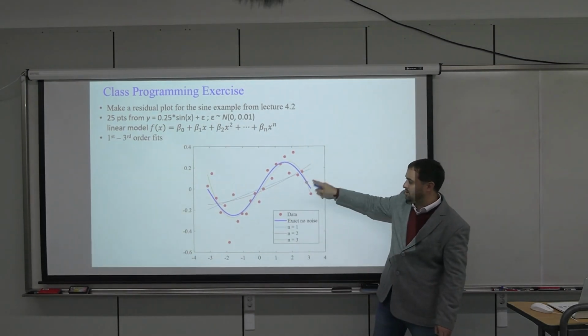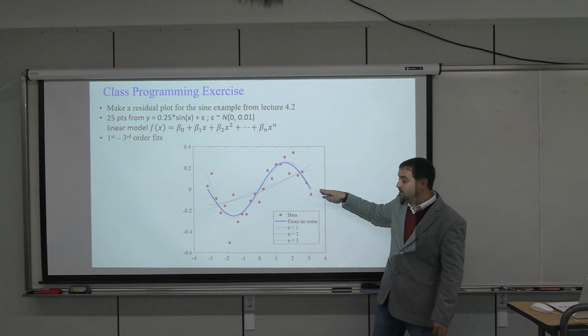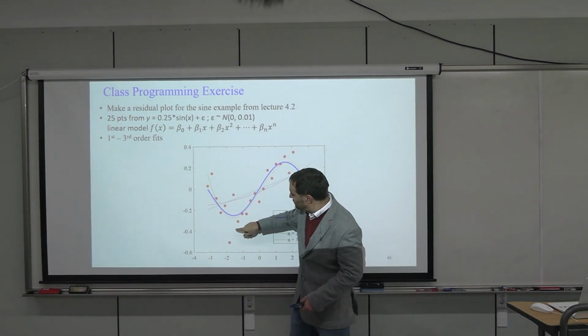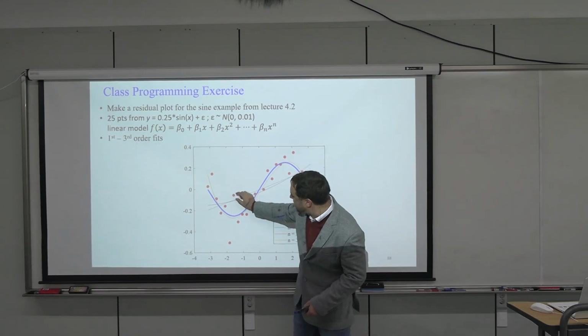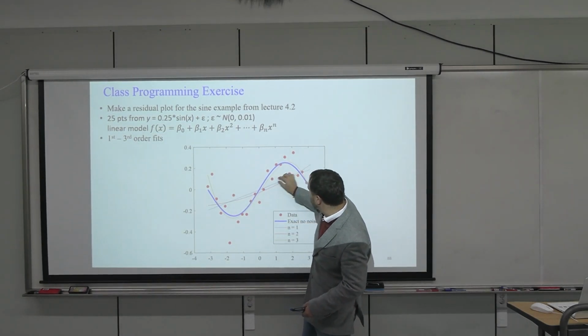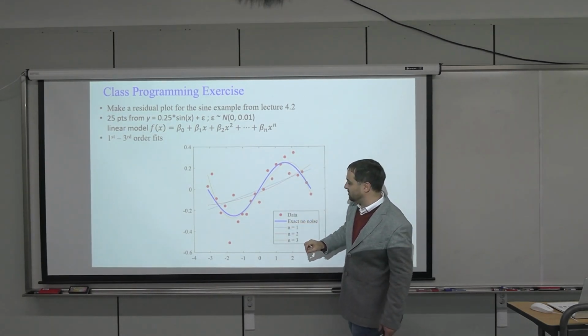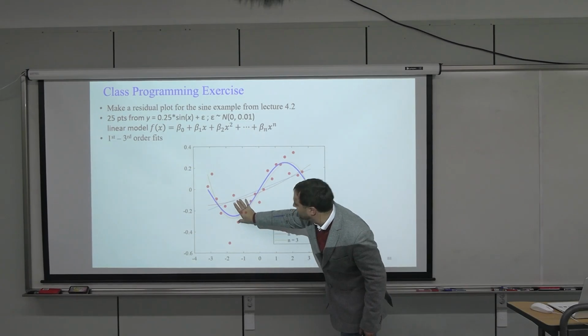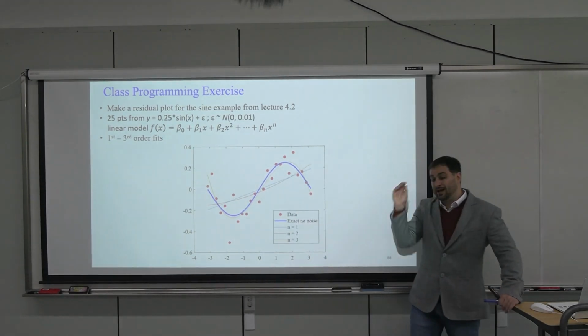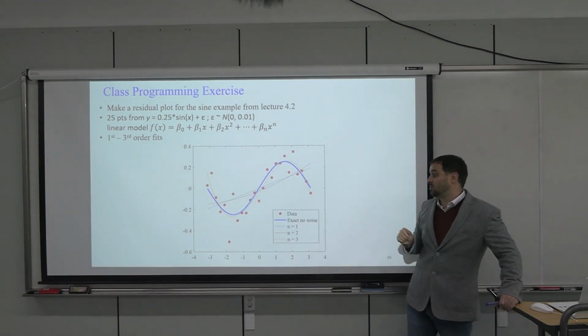You should already have this plot made, okay? Now, for each regression model and each data point, you need to calculate the residuals for each fit and make the residual plots for each order of the fit.